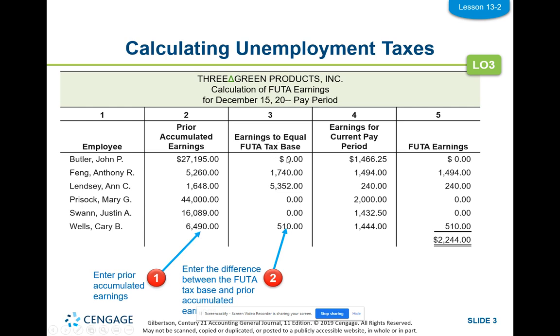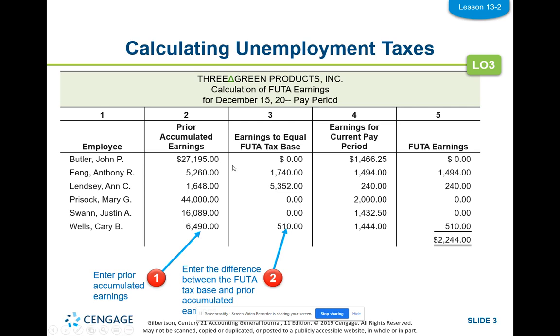So like here for John, he had already earned $27,000. We're not going to have to pay any federal unemployment tax on him because he's already over that $7,000. Anthony, however, had only earned $5,260 for the year. So he still has another $1,740 to go before we get to stop paying on him.